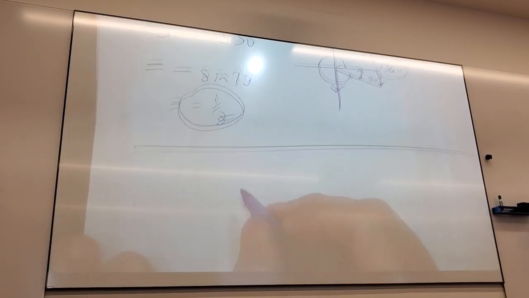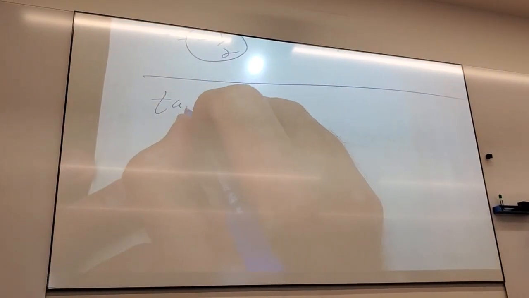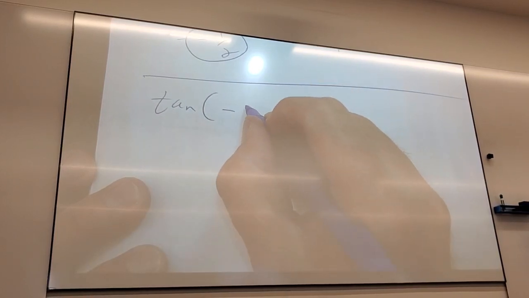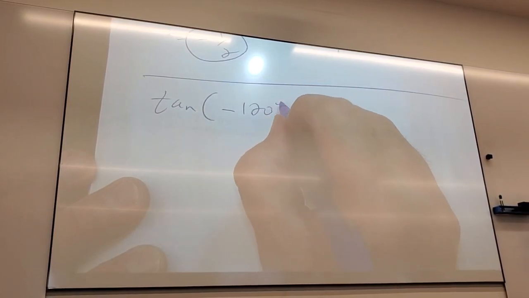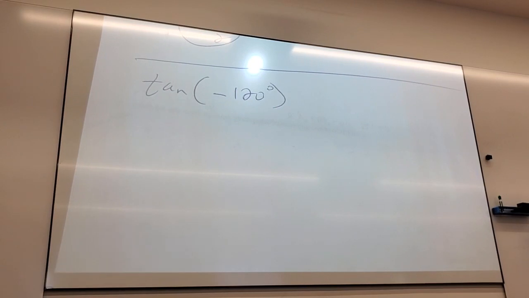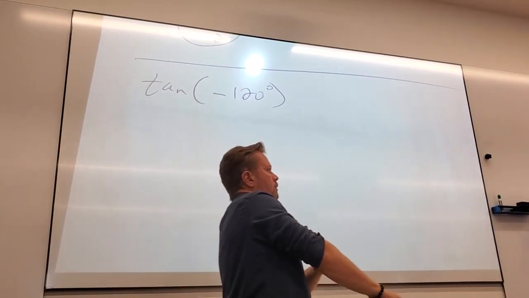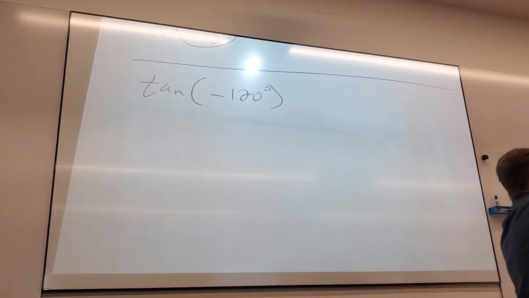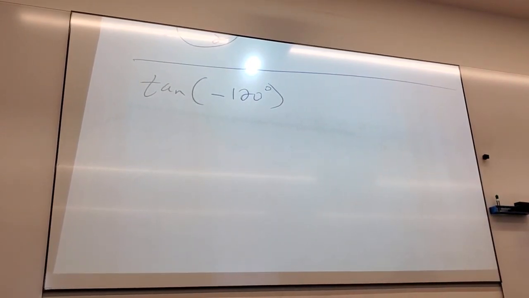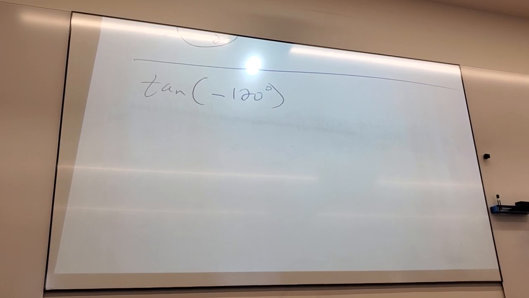So talking about tangent, let's do a tangent of negative 120 degrees. A negative angle just means I go clockwise, right?